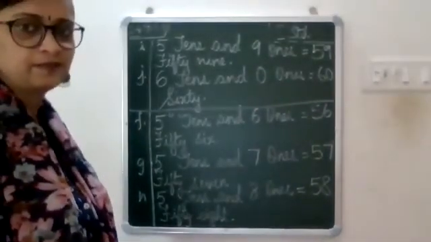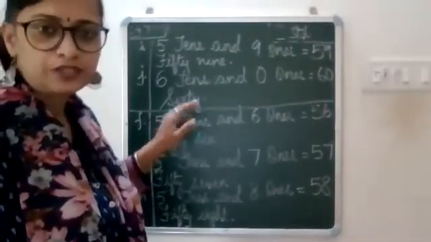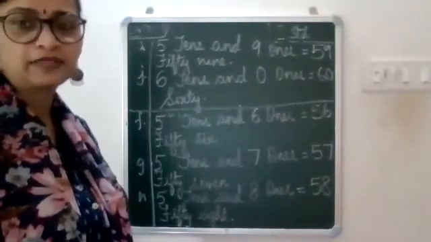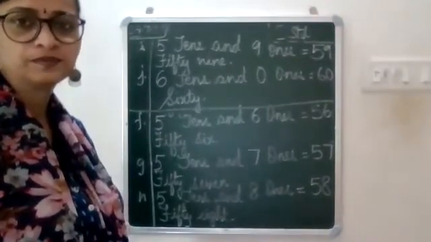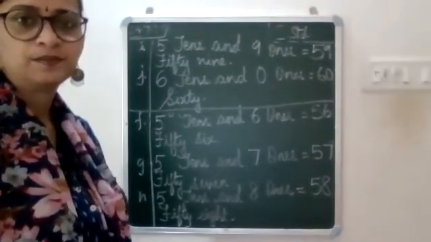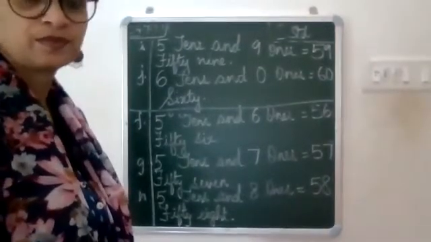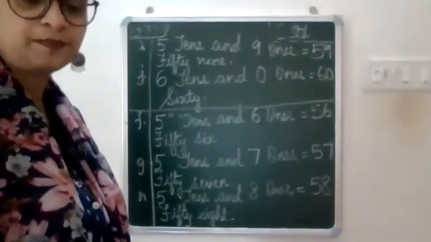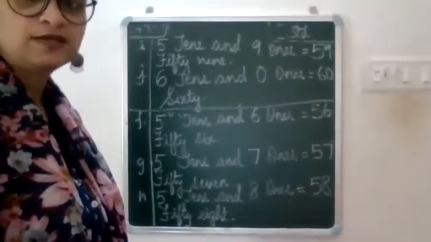You will continue and write from 61 to 70 also, one below the other. I will send you the notes as well. We will not be able to write completely, so I'm going to give you for homework from 61 to 70.